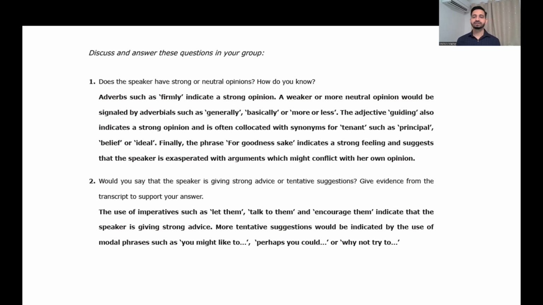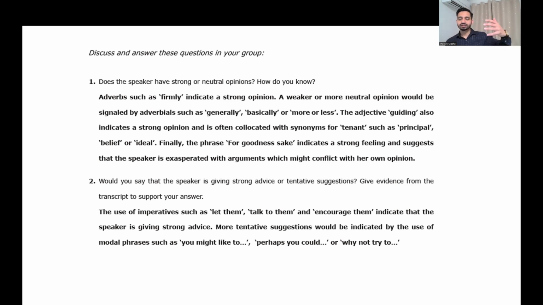The adjective guiding also indicates a strong opinion and is often collocated with synonyms for tenets such as principle, belief, or ideal. Finally, the phrase "for goodness sake" indicates a strong feeling and suggests that the speaker is exasperated with arguments which might conflict with her own opinion.